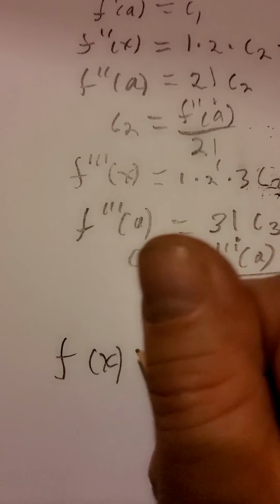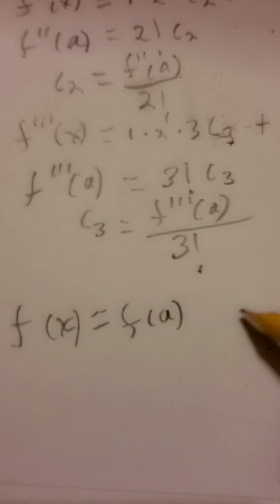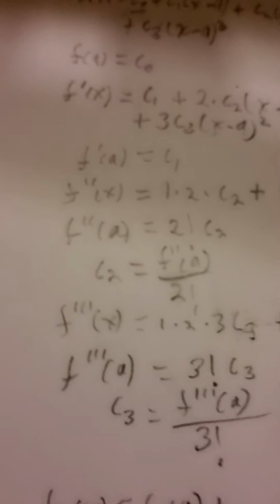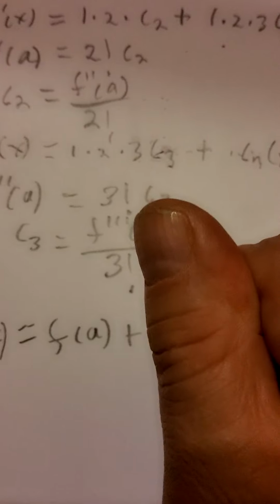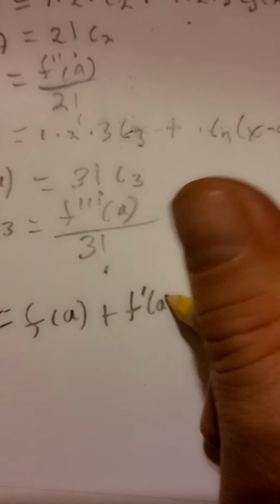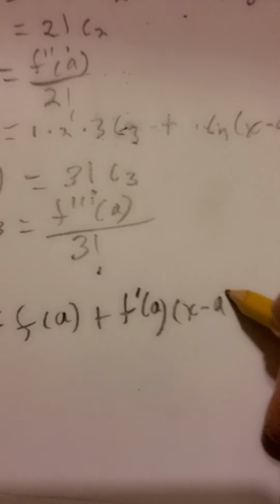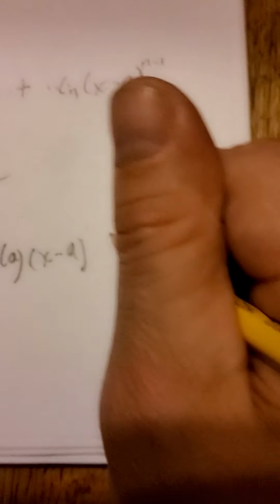Okay, so c naught is just going to equal f of a plus c1 times x minus a. And what did I get for c1? f prime of a. Times x minus a to the first power, if you wanted to write it.